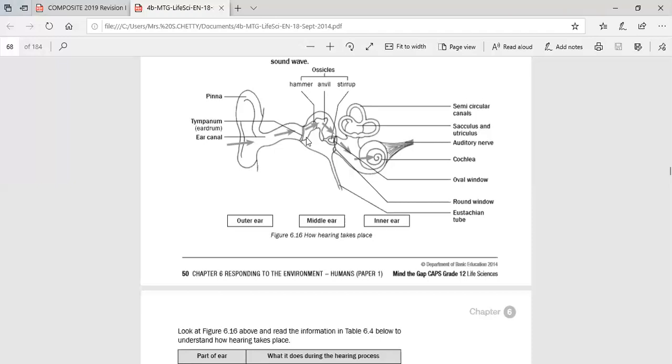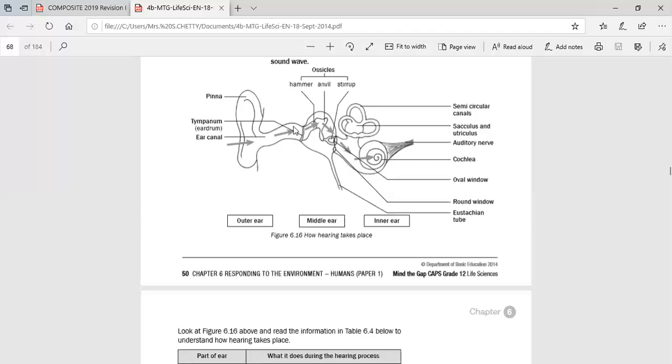The first membrane was the tympanic membrane. The second one is your oval window. Now here's another reason why the vibrations are amplified: the oval window has a much smaller surface area compared to the tympanic membrane.